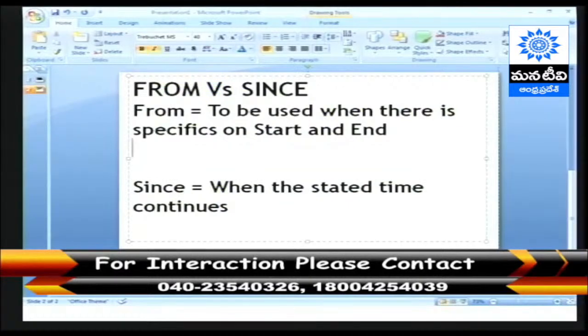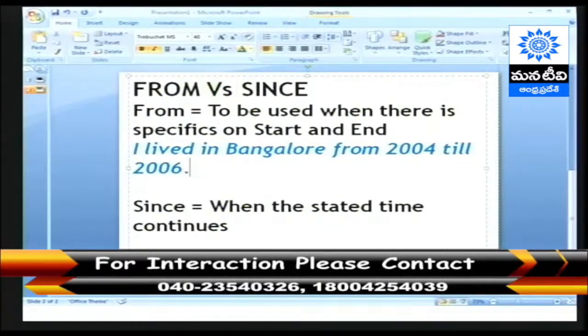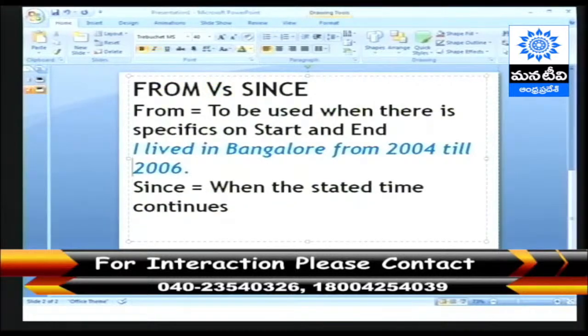Let me show you an example. I lived in Bangalore from 2004 till 2006, which means it has ended. So I can use the word from.